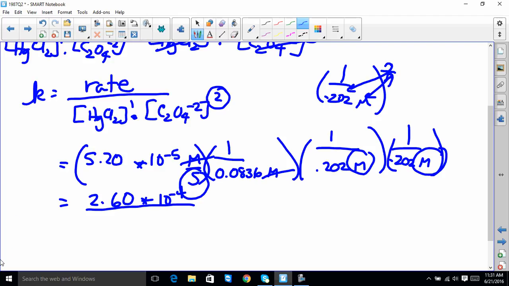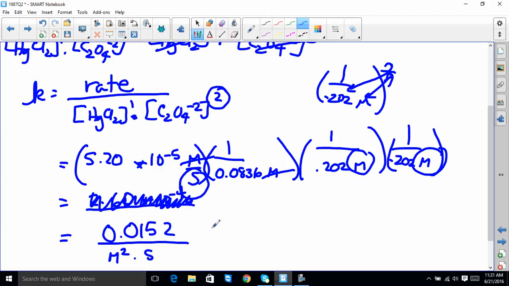And so this ends up being, I lied, that's not the answer. I was looking at the wrong one. This ends up being 0.0152 over molarity squared times seconds. Or if you prefer scientific notation, 1.52 times 10 to the negative 2 over molarity squared times seconds.